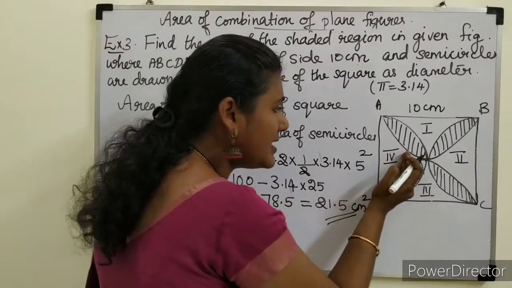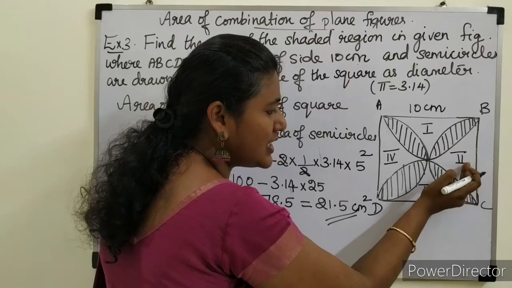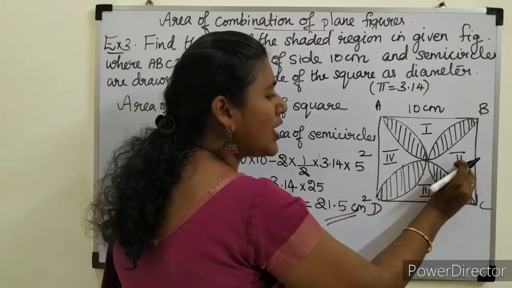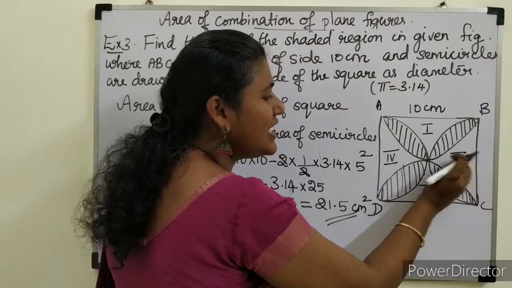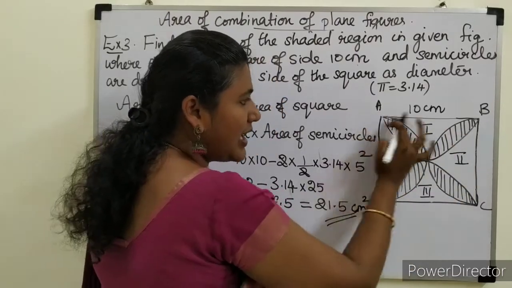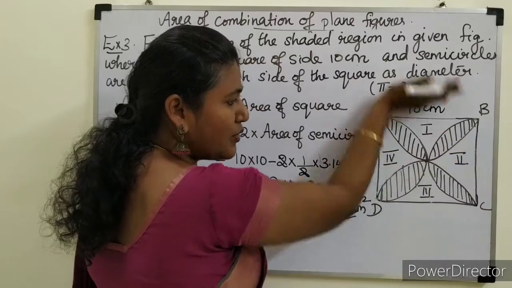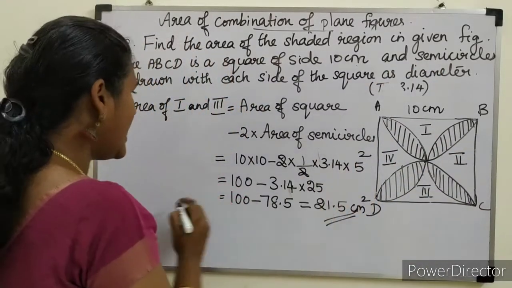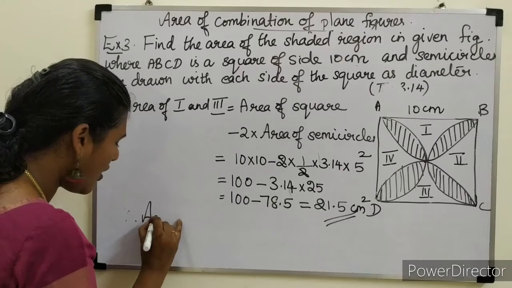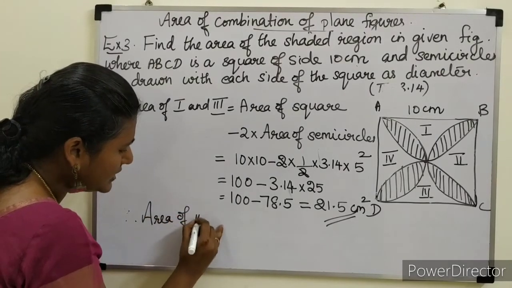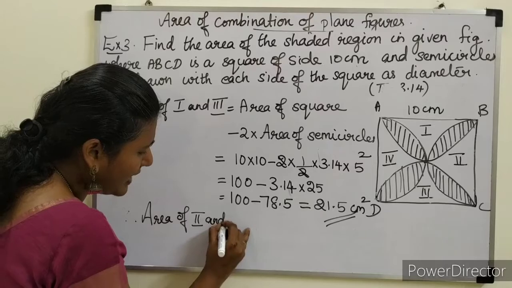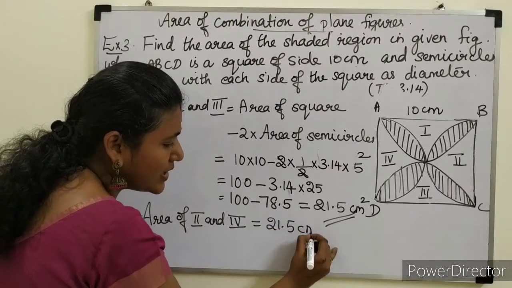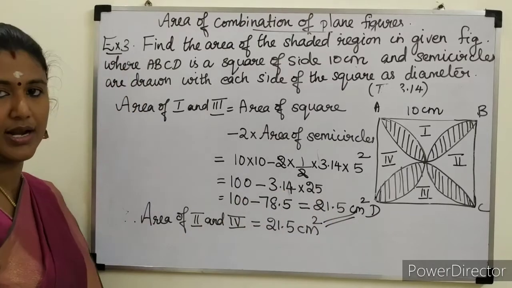Similarly, we can find the area of regions 2 and 4 by the same method. From the area of the square we have to subtract these two semicircles. Therefore, area of 2 and 4 is the same answer, that is 21.5 centimeter square.